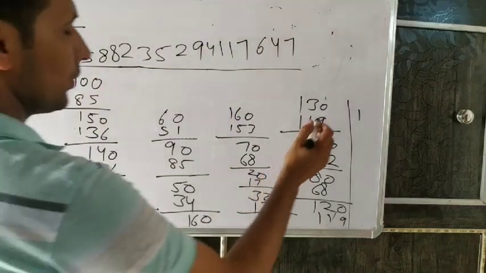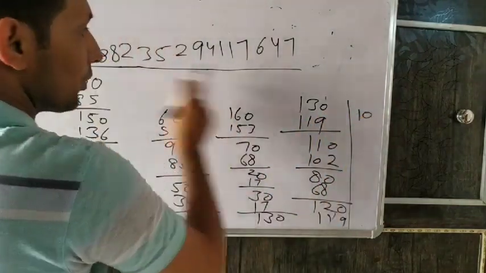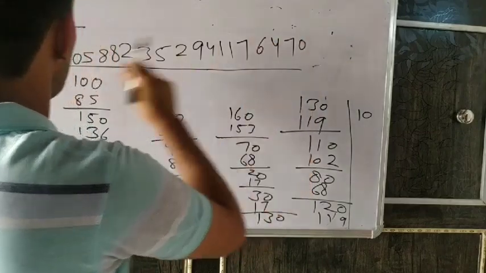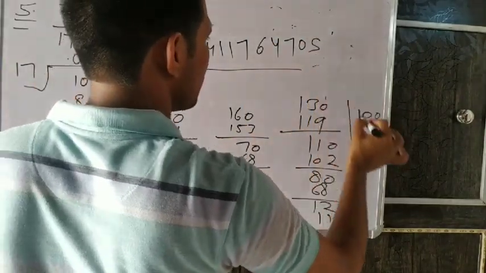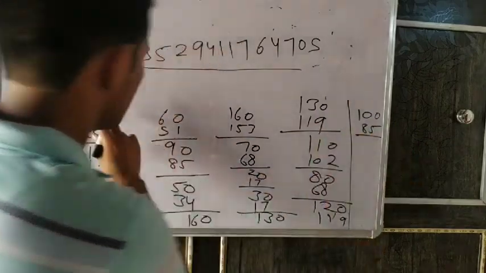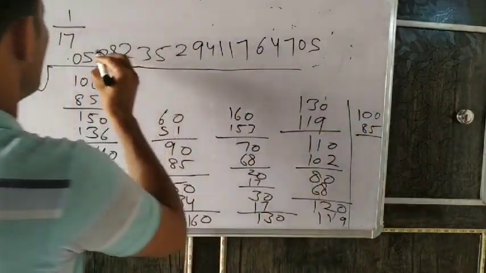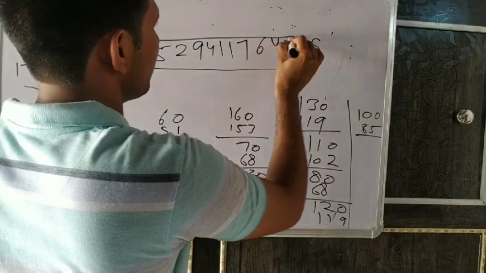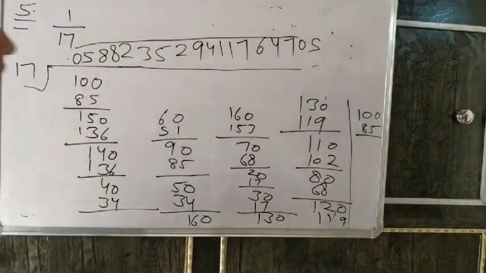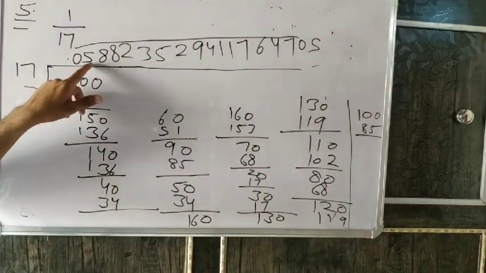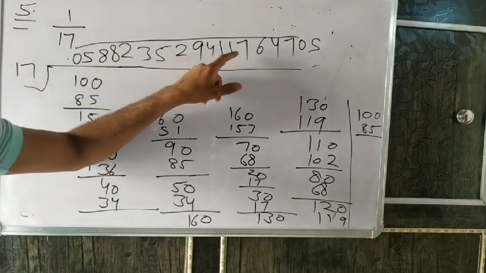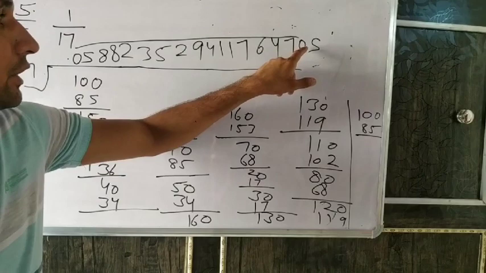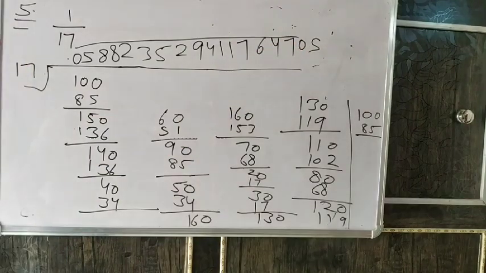Now again 1 0, it is smaller than 17, so 0 in the quotient. Now again 1 0, 17 5s are 85. Again the same whole process repeats. It means after how many digits is it repeating? Counting 1 2 3 4 5 6 7 8 9 10 11 12 13 14 15 16, it is 16 digits.